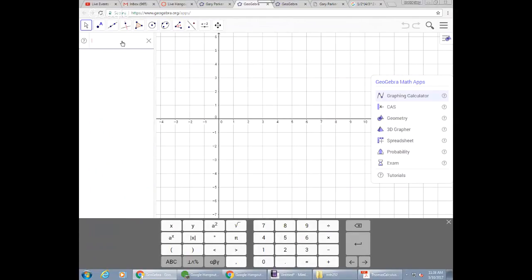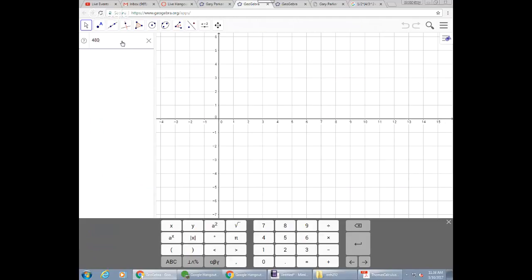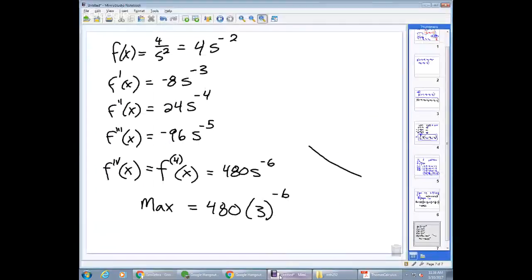And sometimes that's easy to do, sometimes it's not easy to do. So what do we have? 480 times x raised to the negative 6th power. Looks like that. Yeah, so it's definitely a decreasing function. So the fourth derivative value of it at 3 is bigger than at 9 over here. So back here.